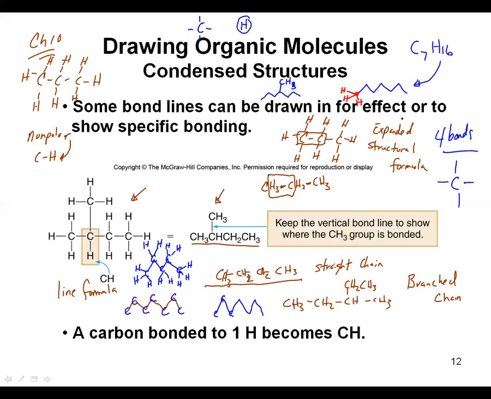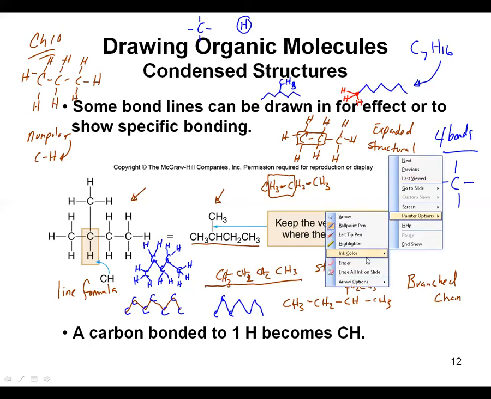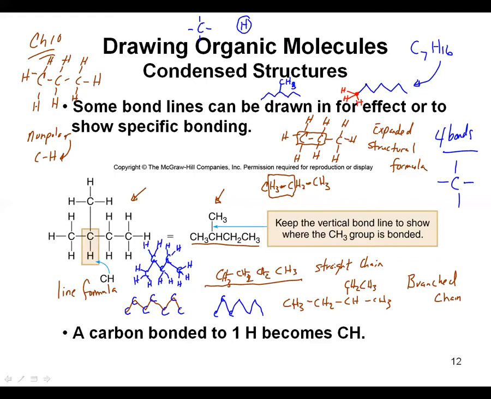Now, when we go to the next carbon, which would be at the peak there, this carbon here, again, I'm just going to draw it as a circle. And this carbon has 2 lines coming in, which means it would also have 2 hydrogens to get it to 4. This carbon down here would also have 2 lines coming in, so it needs 2 hydrogens to get it to 4.